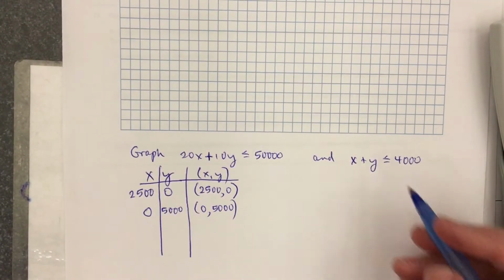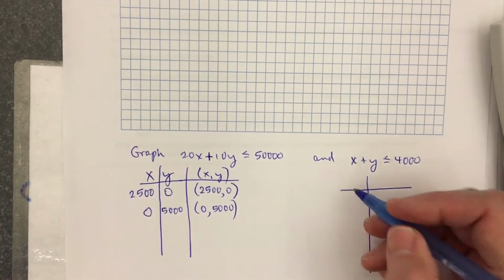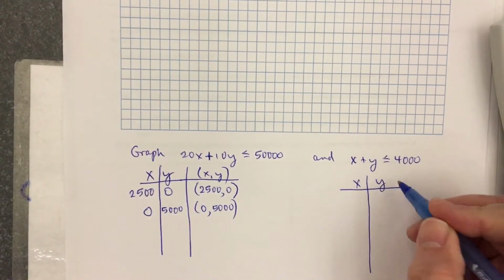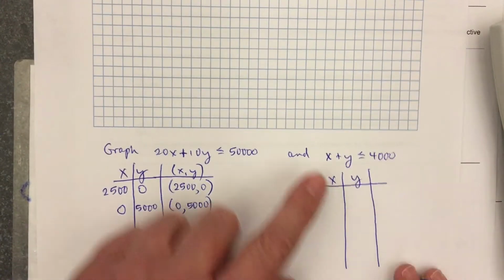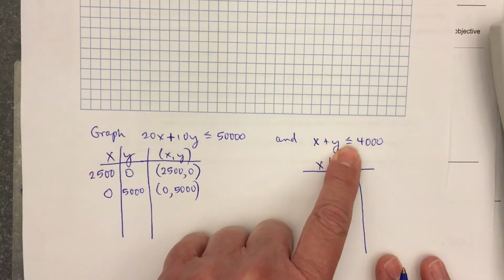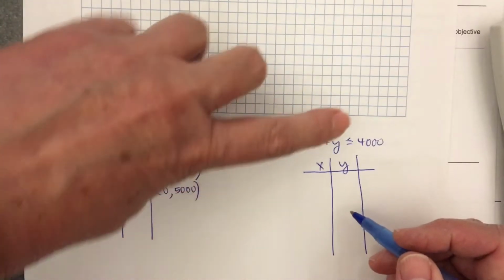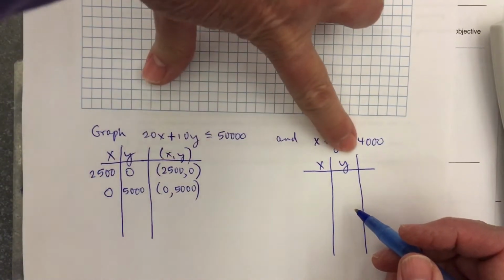I don't want to mark my graph just yet. Let's see what we have on the other one. That'll help us out in spacing it out. For x plus y equals 4,000, it's less than or equal to, but we have to graph the straight line. Let's plug in 0 for y. I'll cover that up.